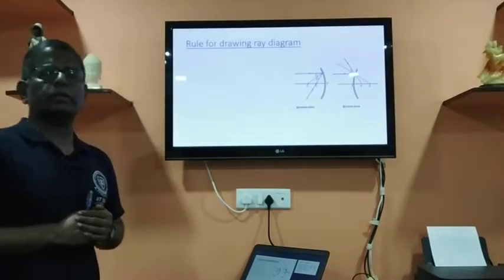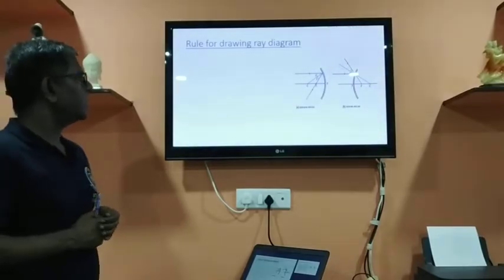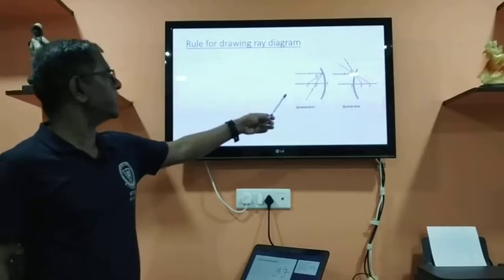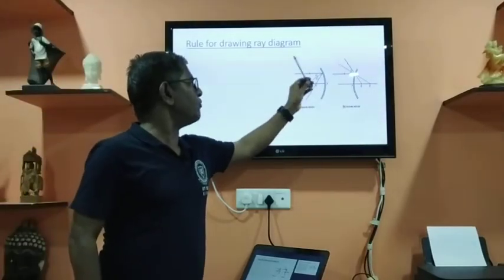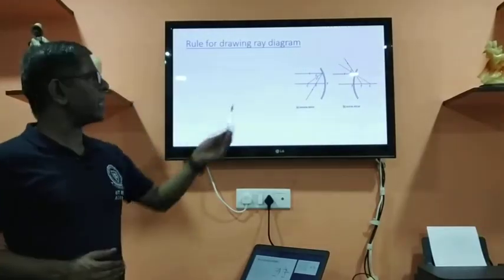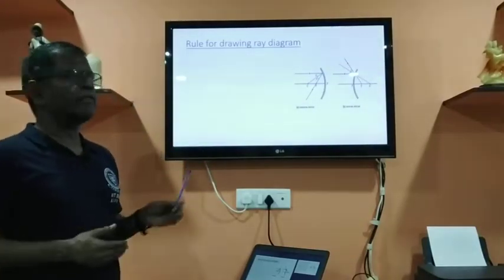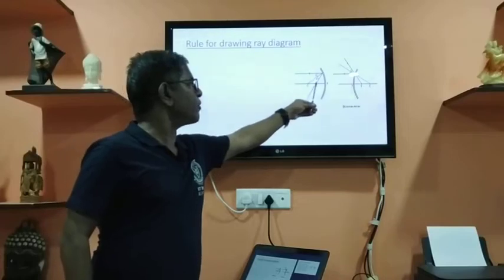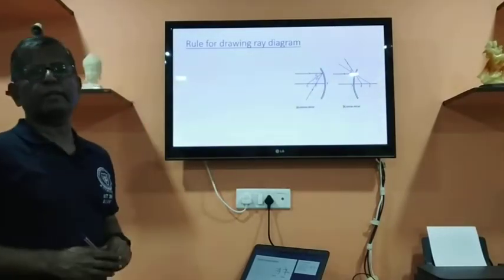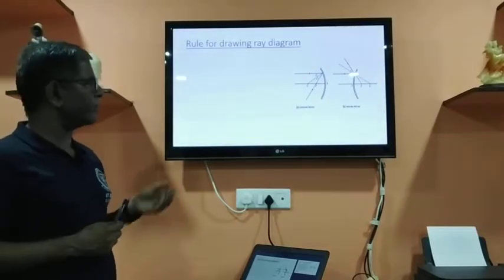To draw the ray diagram, we have four rules. This diagram shows you a concave mirror and this diagram is a convex mirror. The concave mirror, as you can see, is curved inwards. That means the focal point and the center of curvature are towards the left of the shining surface or reflecting surface.